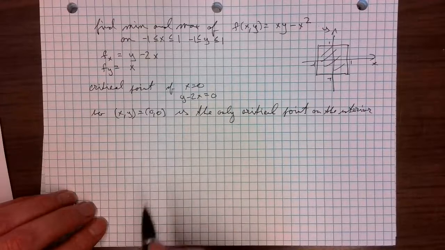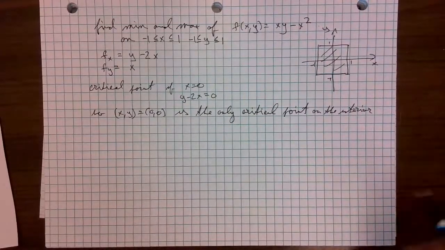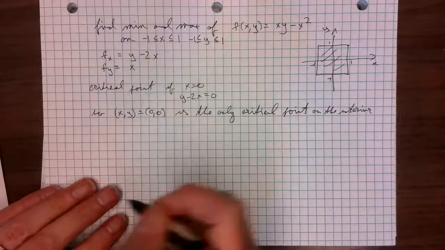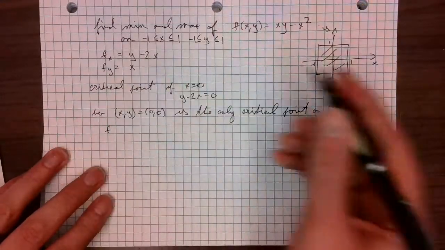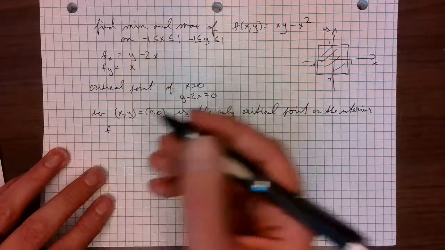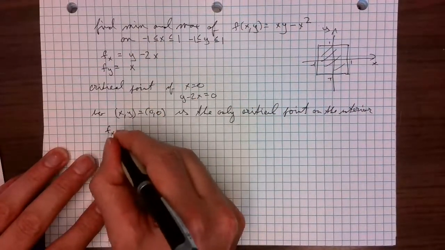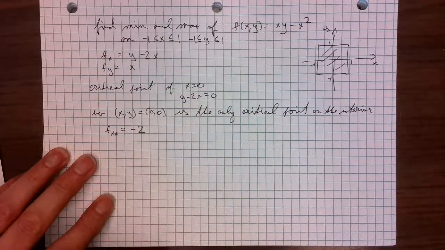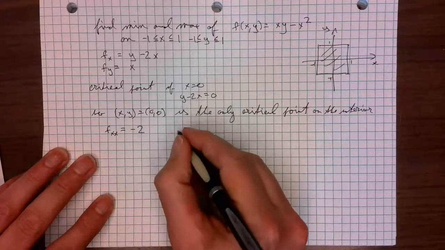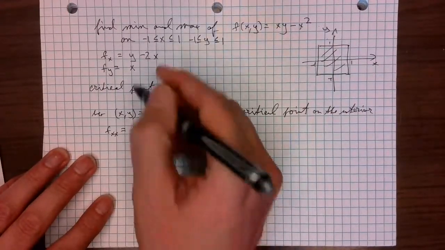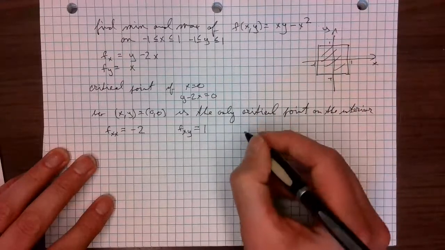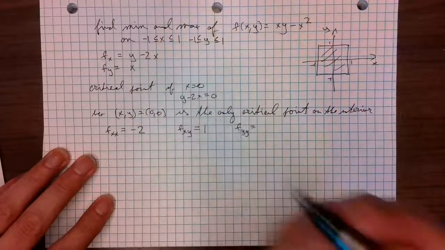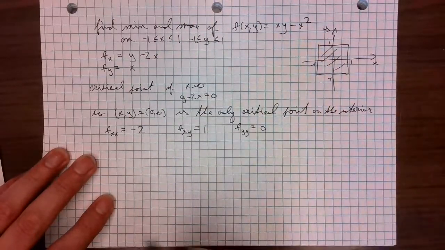Okay? So let's figure out, is it a saddle, is it a maximum, is it a minimum? So we can try the second derivative test. For that we need to find the second derivatives. The second derivative in terms of x, I get minus 2. f sub xy, if I take the y derivative, I get 1. So that's the mixed derivative, and f sub yy is just going to be 0, right?